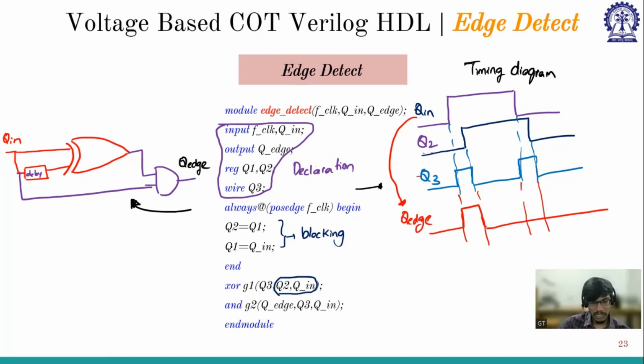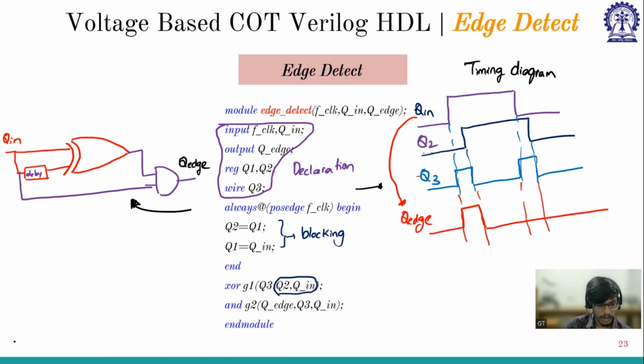So in the first clock cycle, Q2 will be 0 and Q1 will be Q in. And whenever this loop starts again, Q2 will be Q1, which is Q in. Understood? Either way, you can write Q2 equal to Q1. It is just the same thing.